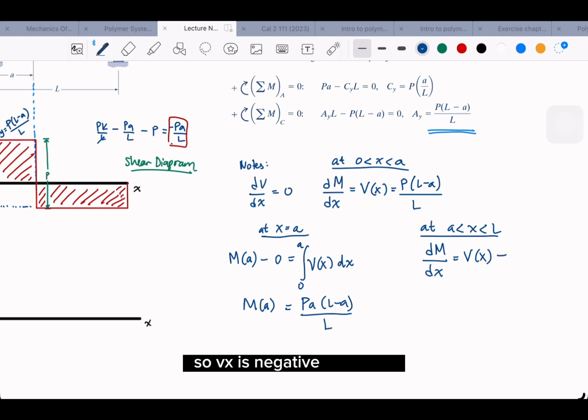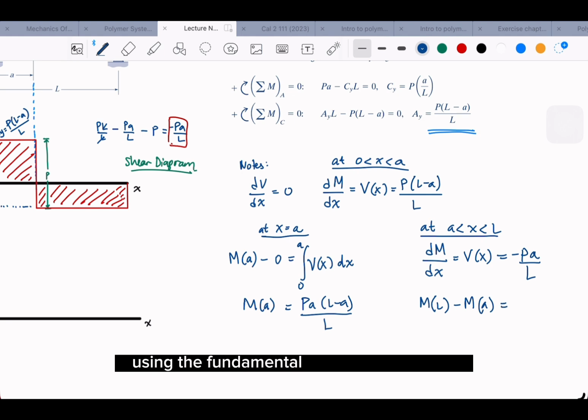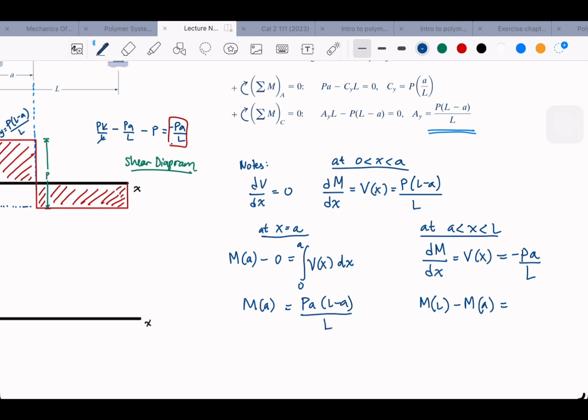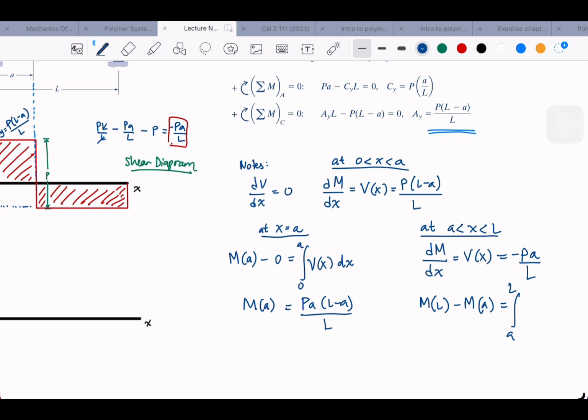So V(x) is negative PA over L, which is another constant, right? Which we described in the shear diagram. And then we take M(L) minus M(A). This is just using the fundamental theorem of calculus, if you remember. Okay. So this is A, L, and we just change the functions into moment and the shear.